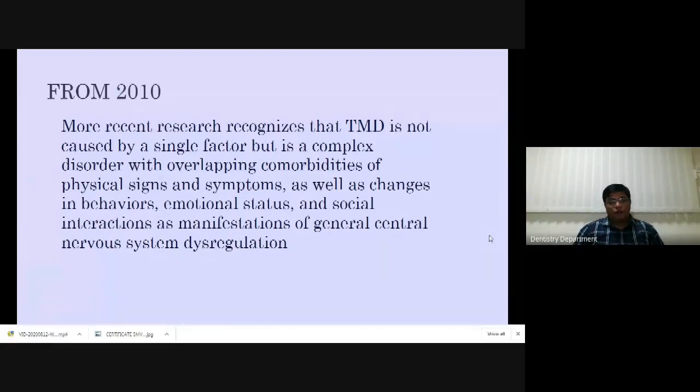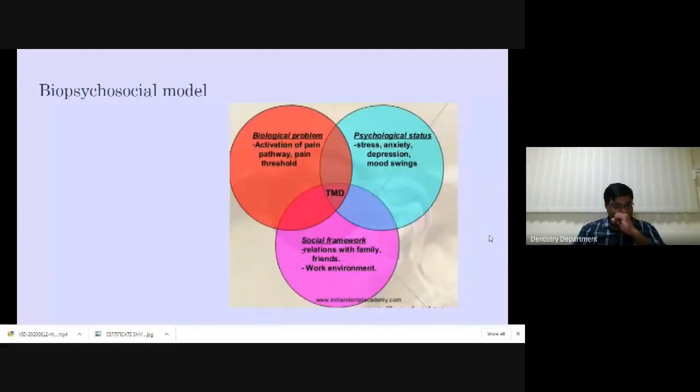So in the end, they found out through neuroscience studies that this is a general central nervous system dysregulation orchestrated by both physical signs and symptoms as well as changes in behavior, emotional status, and social interactions. So these may all produce TMD. So the model is called the biopsychosocial model.